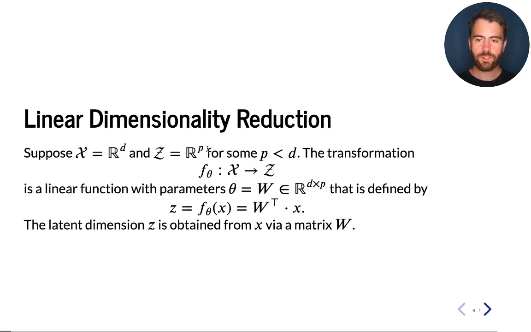And so this function f will map a d-dimensional vector into a lower dimensional p-dimensional vector. And in particular, this function is going to be linear. In other words, the parameters theta are going to be ones that define a linear mapping, which we can associate with a matrix W. And the formula for the low dimensional representation z is going to be a linear function of x, which we can represent using linear algebra as a linear transformation where we multiply x by the matrix W. And so this latent dimension is obtained via this linear matrix multiplication operation.